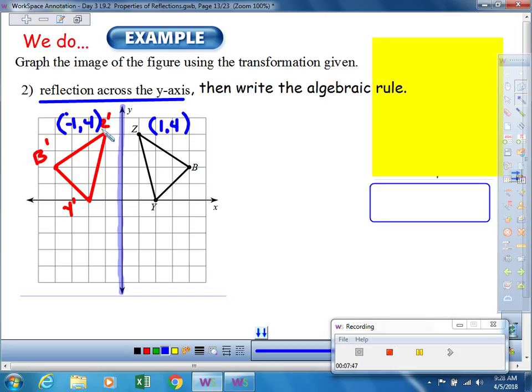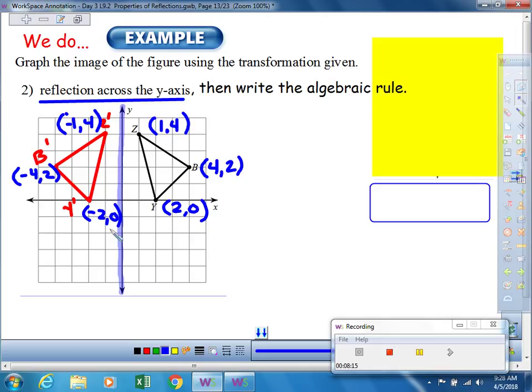Okay, I'm going to write the ordered pair here. This is 4, 2. This one is negative 4, 2. And then this one is 2, 0. And this one is negative 2, 0.